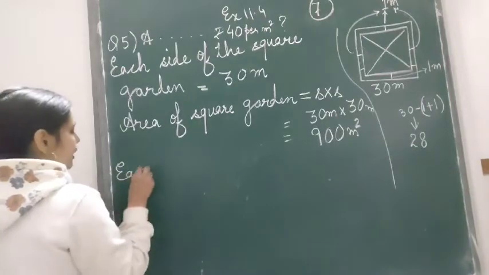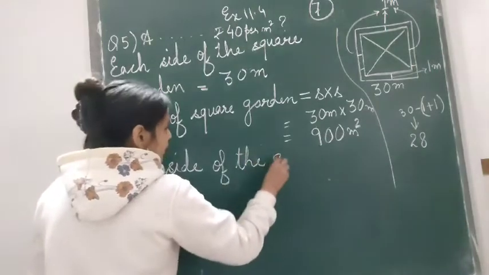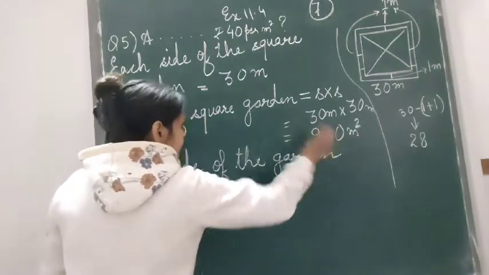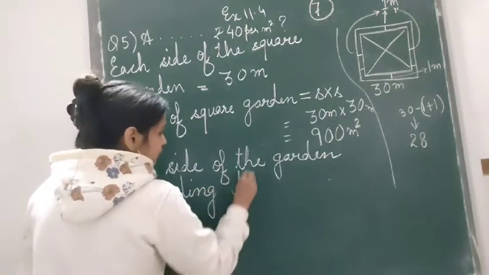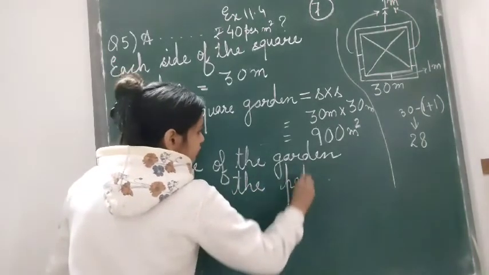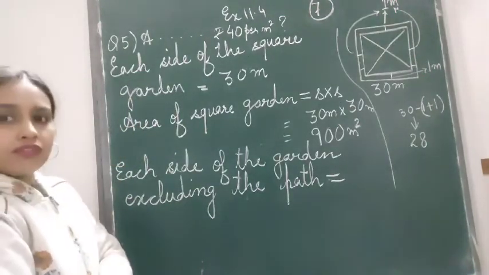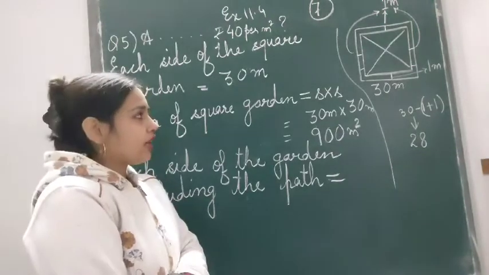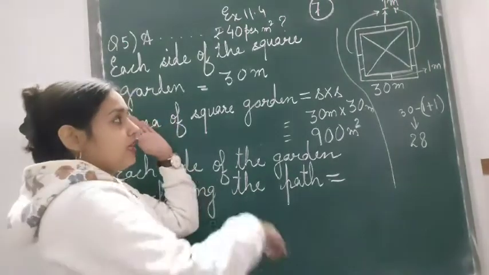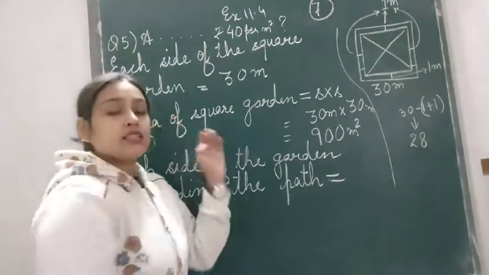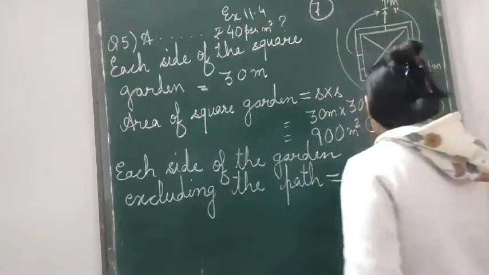So we write each side of the garden excluding the path, which is equal to the length of the side of the garden, removing the width of the path from this side and the width of the path from that side, that is minus the width of the path from both sides.